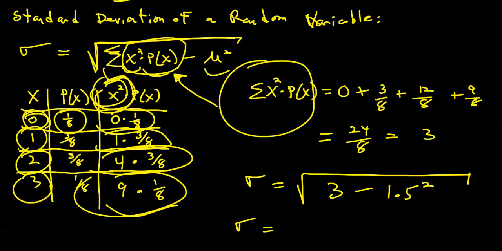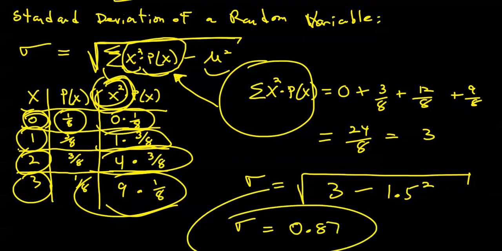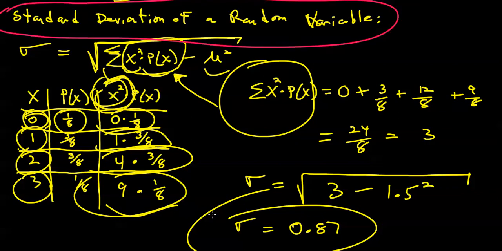So 3 minus 1.5 squared will be 0.75, and the square root of 0.75 is going to be 0.867. I'll call it 0.87. So the standard deviation for my random variable x was found to be 0.87.